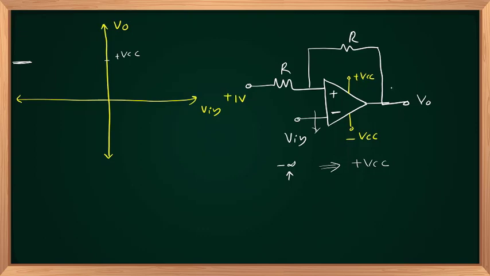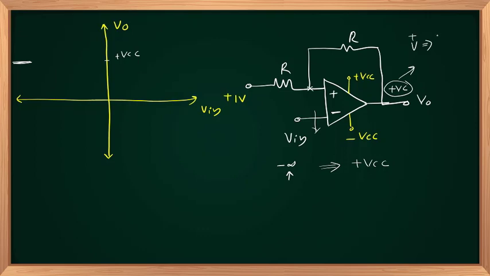So a positive VCC here will give you a V plus. That's a different value compared to the earlier case, because initially it was grounded. Now we have two sources. Vout is at plus VCC and the input signal connected to the tail end of your second R resistor is positive 1.